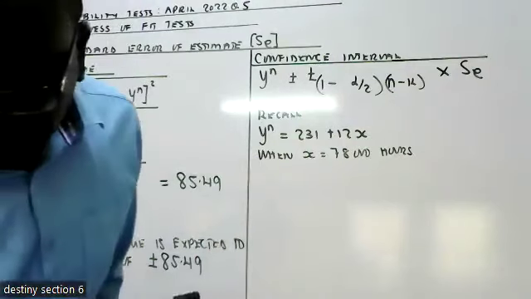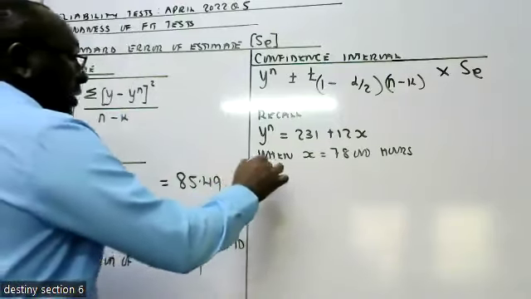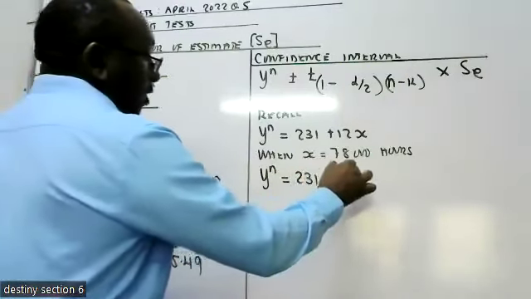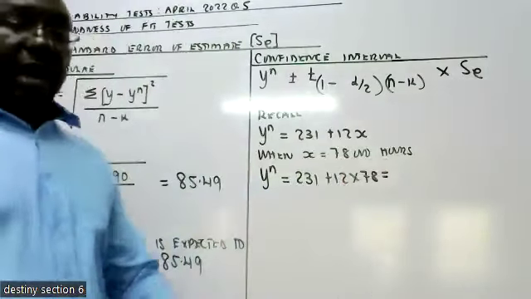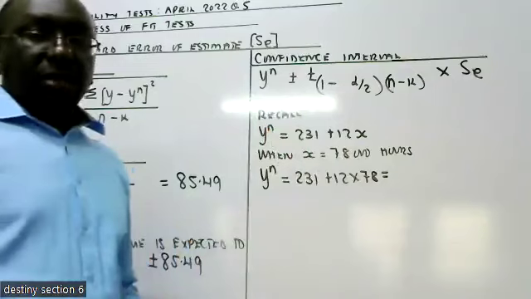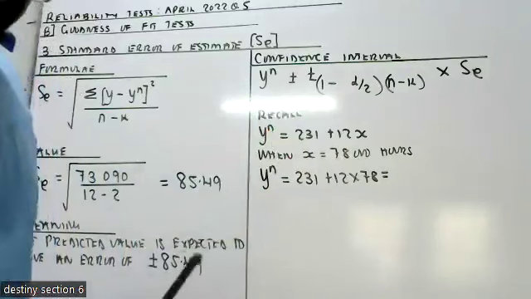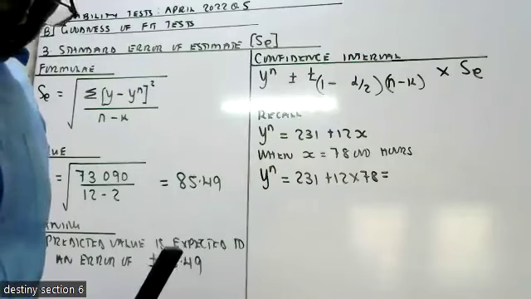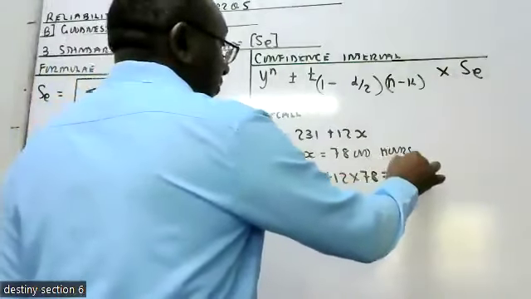If you look at your past papers, they have given that. Then Y predicted will be 2.1 plus 12 times 78. Remember, our figures were in thousands, so you cannot bring this in full, because the figures we used were already in thousands. So this is 2.1 plus 12 times 78. That is 1167.